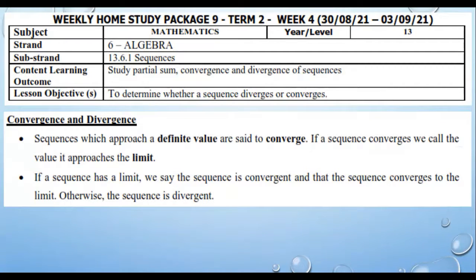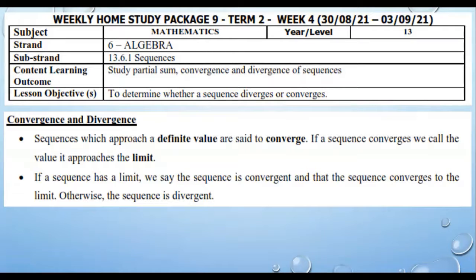Now I will discuss convergence and divergence of sequences. This is to determine whether a sequence converges or diverges. The first point says sequences which approach a definite value are said to converge.